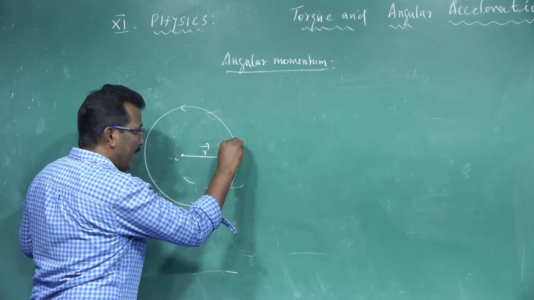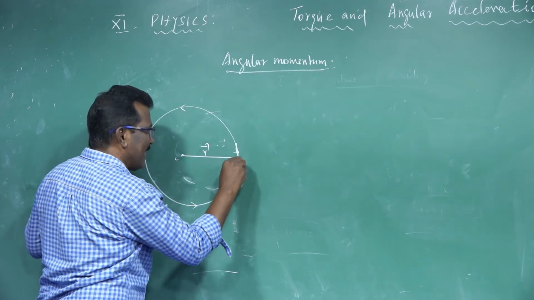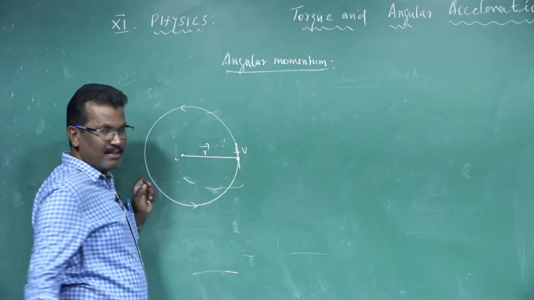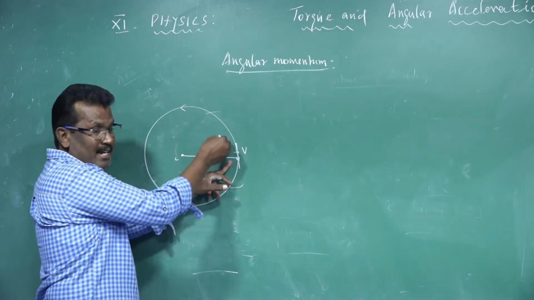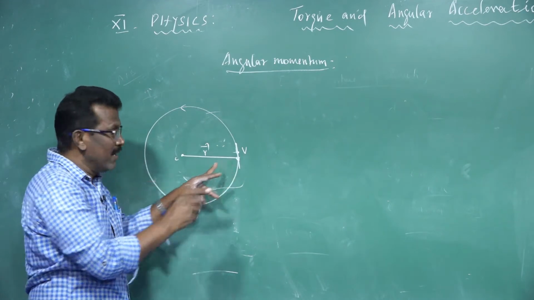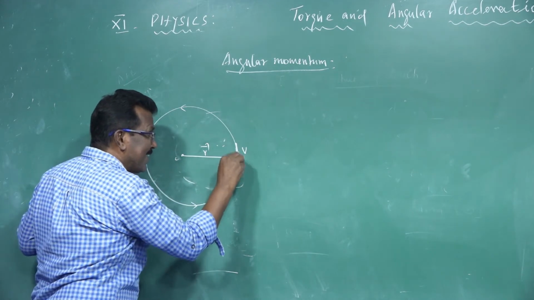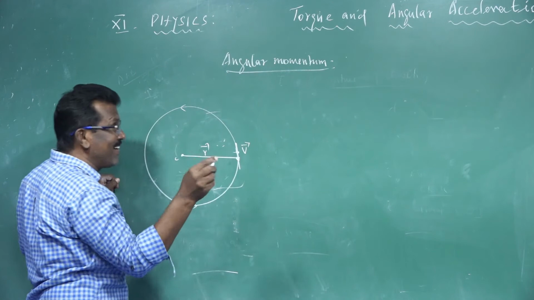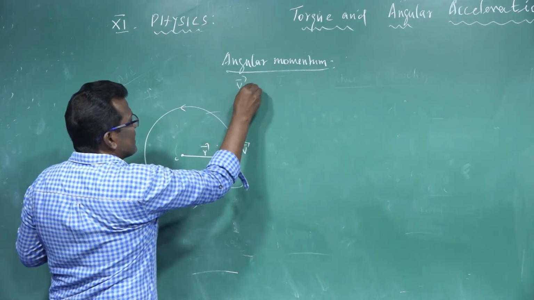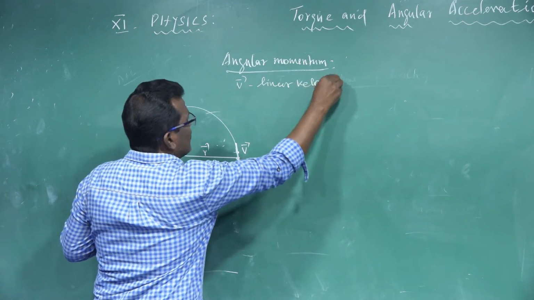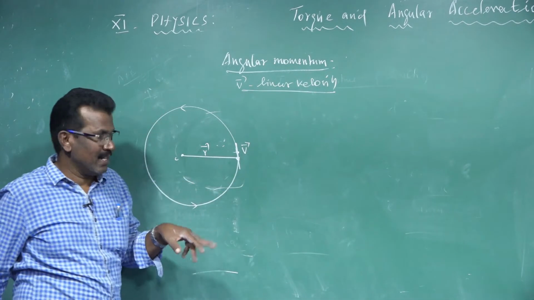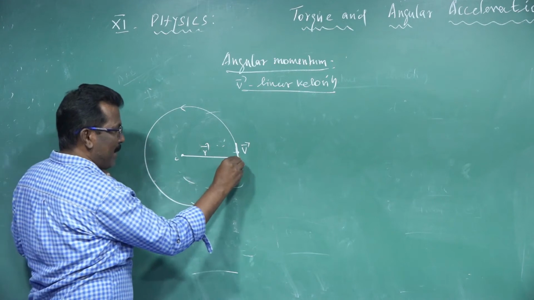If the body rotates, it has some velocity. When the force is applied, the particle moves with a certain speed. In this position it has a velocity, and this velocity is called linear velocity. V represents the linear velocity. The body has mass m.